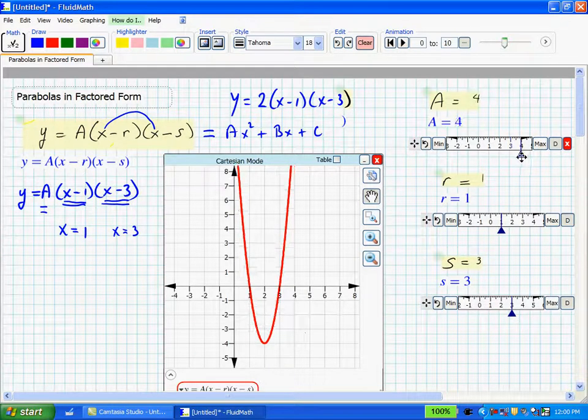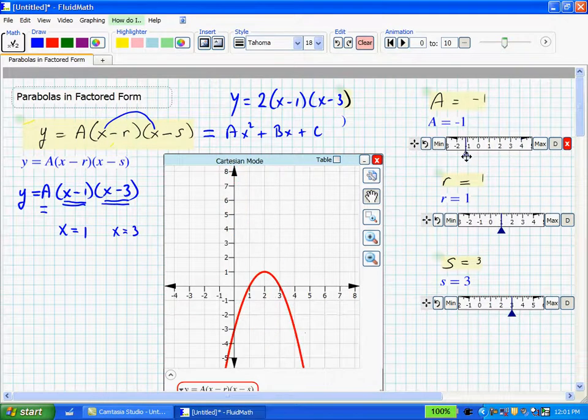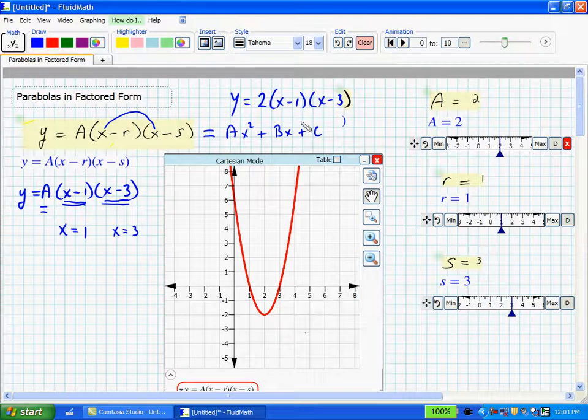We could keep playing, obviously. Any shape, 4, over 1 and up 4, it goes through 1 and 3 still, but it's a steeper parabola. So there are lots of parabolas that go through 1 and 3, some opening up, some opening down. They all go through 1 and 3.